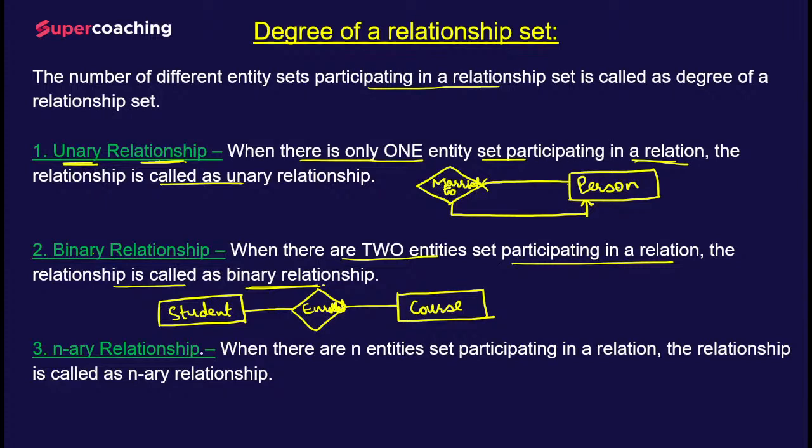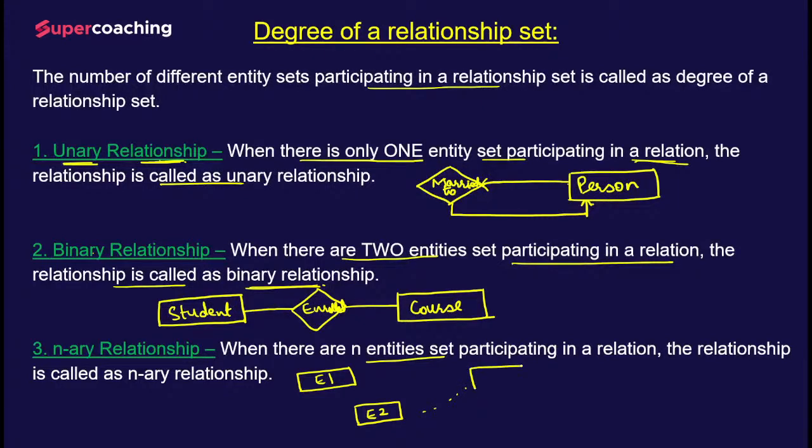N-ary relationship means there are n entity sets, n entities participating in a relationship. That relationship is known as n-ary. For example, this is entity 1, this is entity 2, and so on.